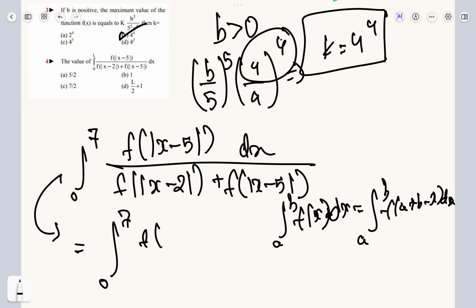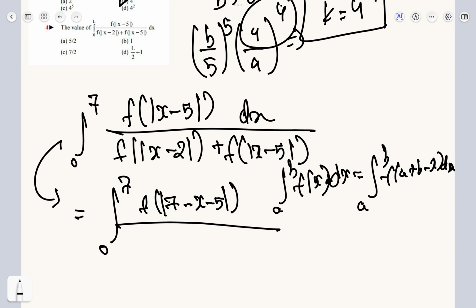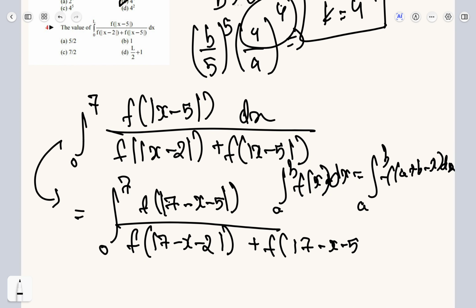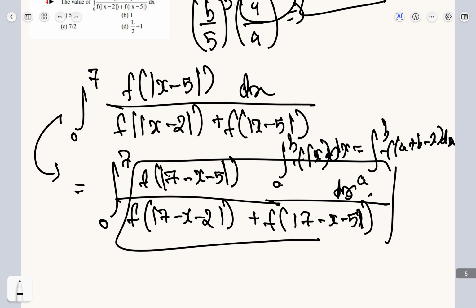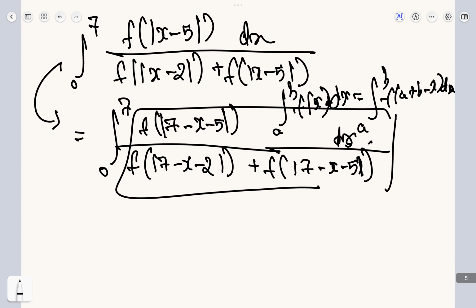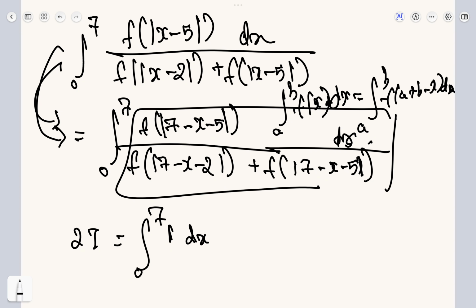So I would have f of mod 7 minus x minus 2 plus f of mod 7 minus x minus 5. When you calculate this, if you add these both up, you would have 2I, and it would be just the integral from 0 to 7 of 1 dx, and you would just have 7 by 2 to be the value of the integral.